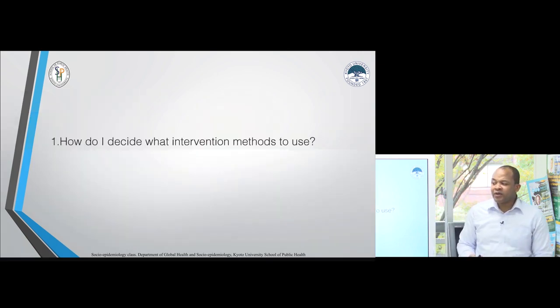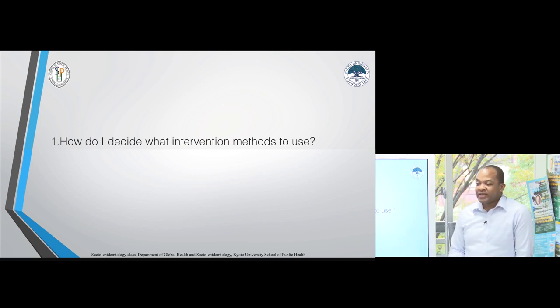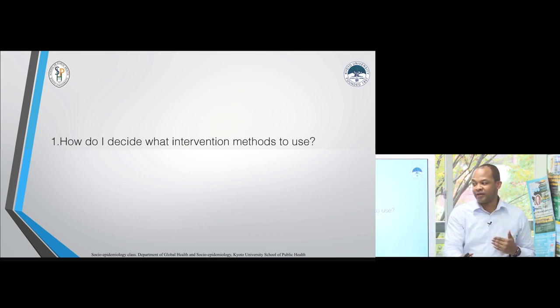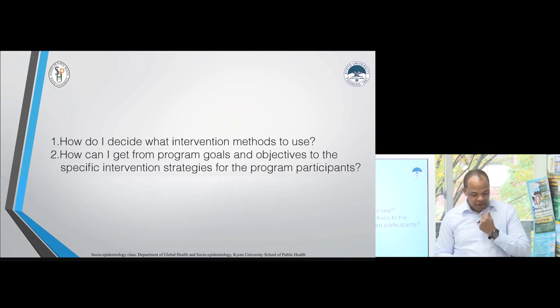He says in one of his papers that he received questions like this from his students: how do I decide what intervention method to use? I'm doing research, I want to improve condom use, but how do I decide which method to use? There are so many methods, so many examples, but how do you decide on one particular one? There was no guidance prior to this model, the author says.